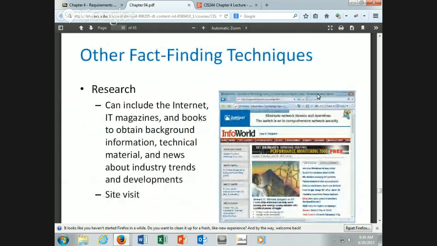Other fact-finding techniques: research. You all are going to find when you research potential solutions for Personal Trainer, where are you going to start your research? Google on the internet. It is amazing the stuff you can find there.